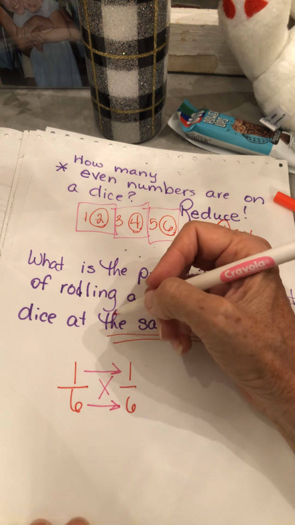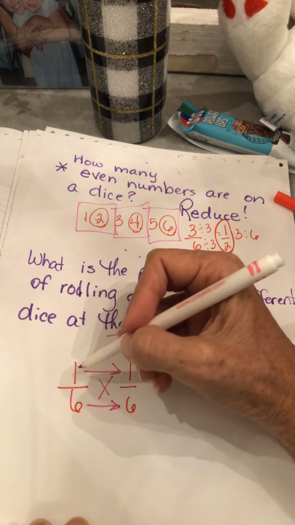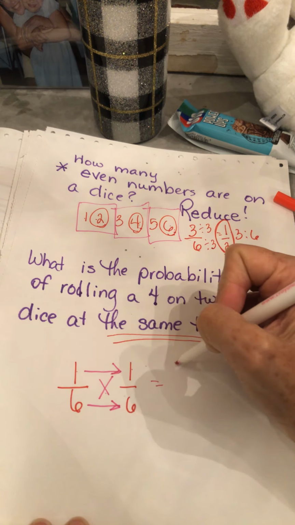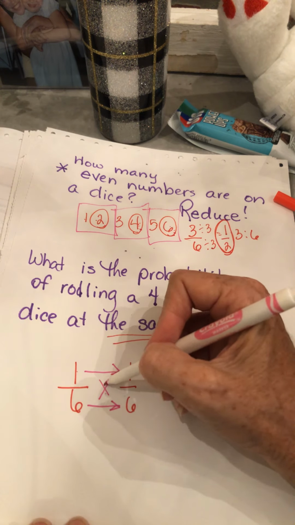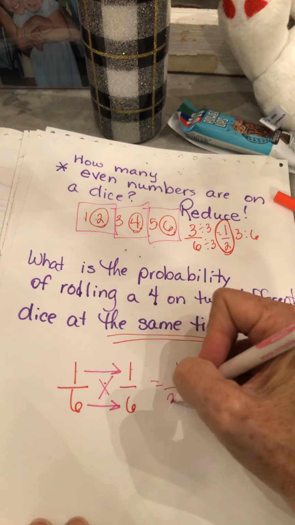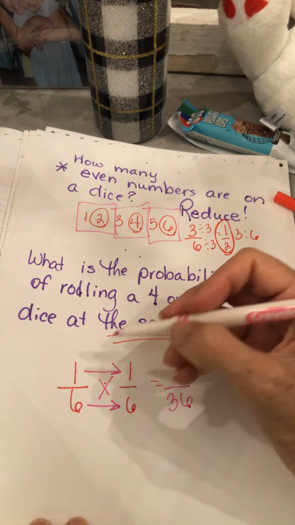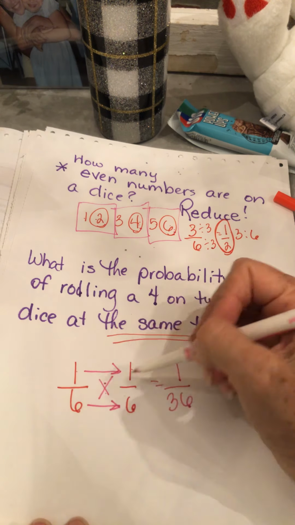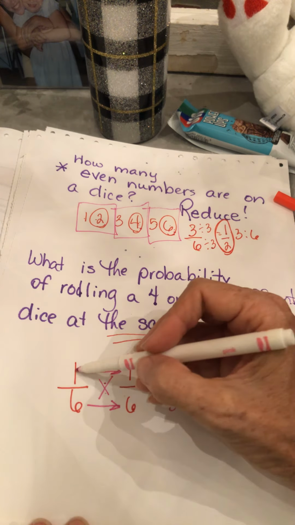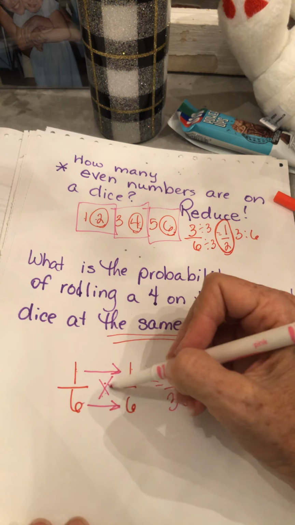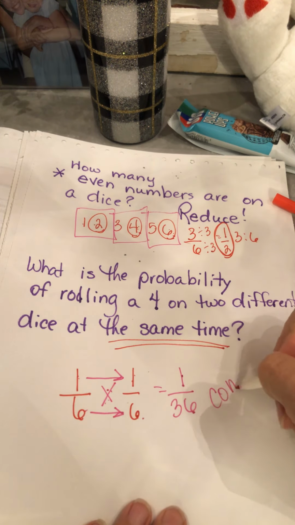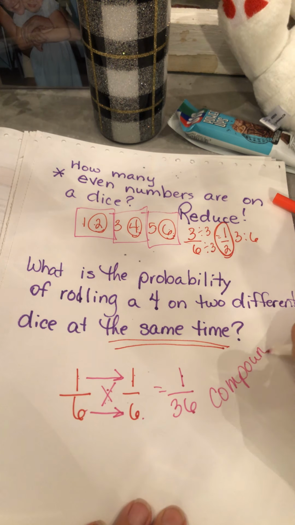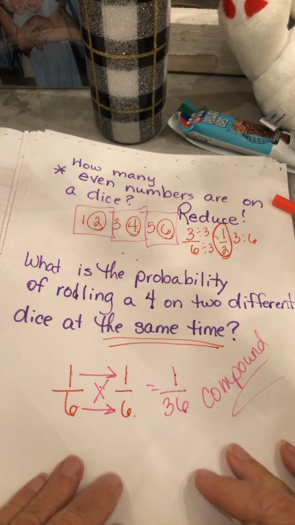And I think this might be the reason why some people missed it. 1 times 1 is 1, and right here I think was the problem. 6 times 6 is 36. I think some people added and added, but that's not correct. 1 times 1 is 1, 6 times 6 is 36. So this is compound probability, by the way. Okay? All right.